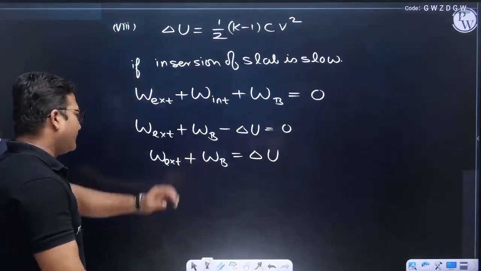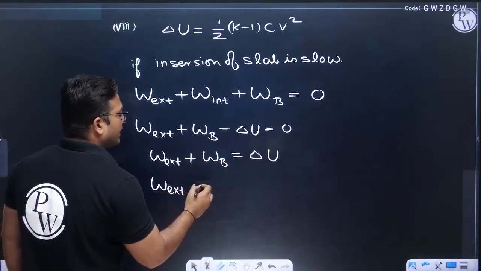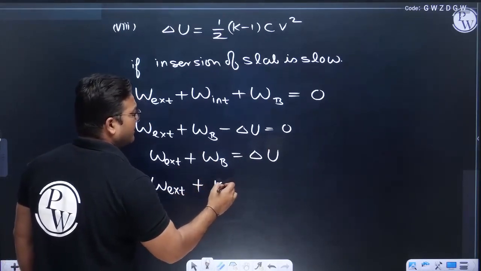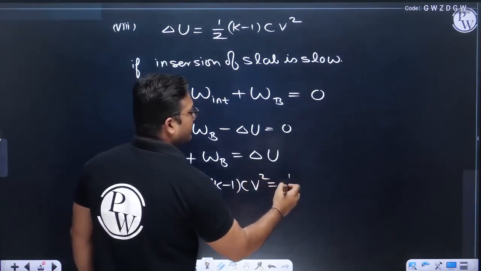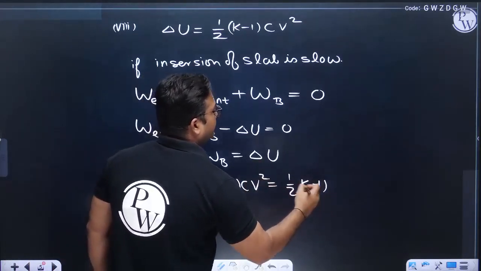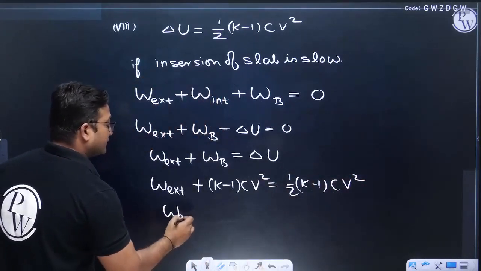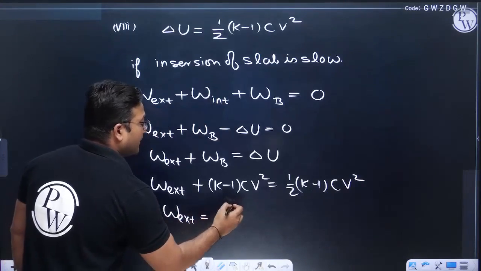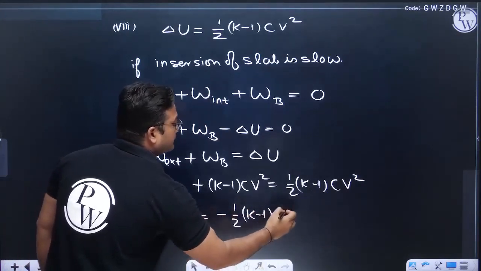Let me put in the values of everything. Work done by external force plus work done by battery, which is (K minus 1) CV square, equals delta U, which is half (K minus 1) CV square. So the work done by external force now becomes minus half (K minus 1) CV square.